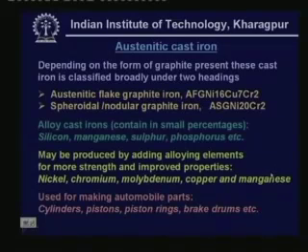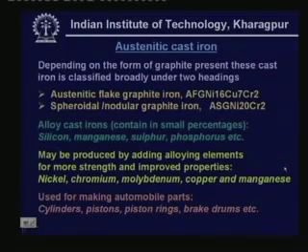You understand it is not 20 but 0.2% for chromium, and chromium is 2%. So alloy cast iron contains in small percentages, as I just told you, silicon, manganese, sulfur, phosphorus, all additive features of this austenitic cast iron.